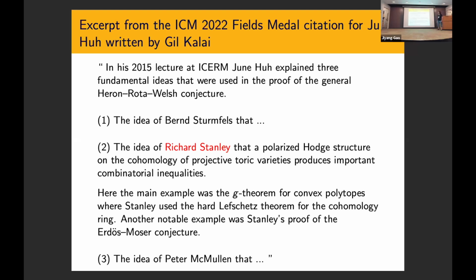The result he had on the chromatic polynomial is amazing. It's amazing that it took so long to prove it was unimodal, but it's a hard problem. And that was part of the citation. But then he went on to do other amazing work with collaborators, and that was also part of the citation, the Rota-Welsh conjecture. And Richard played a big role.